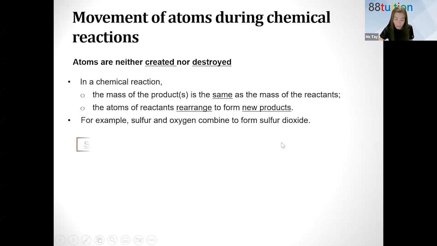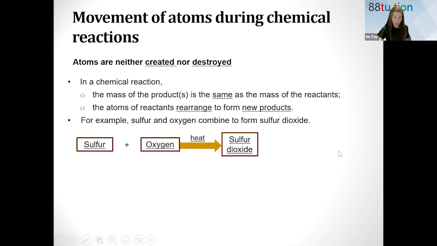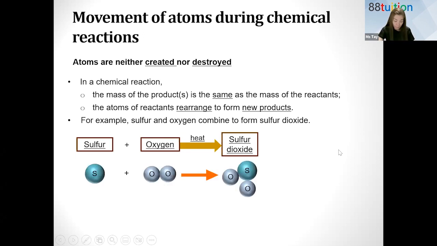For example, sulfur reacts with oxygen to form sulfur dioxide. So sulfur looks like this, and then you have oxygen. Oxygen exists as diatomic molecules. When you talk about oxygen, it always has to take this particular shape, where 2 oxygen atoms are joined together.